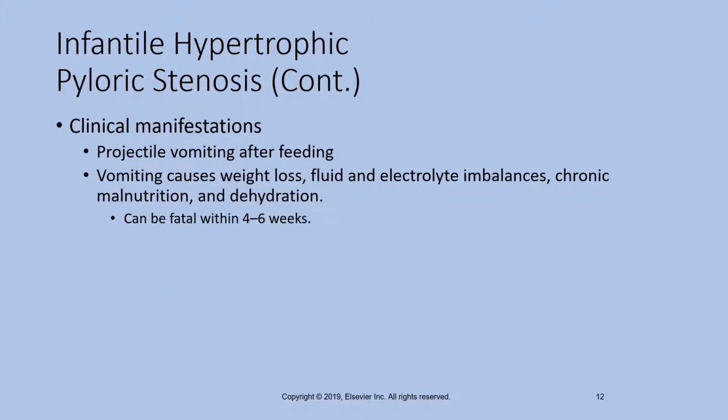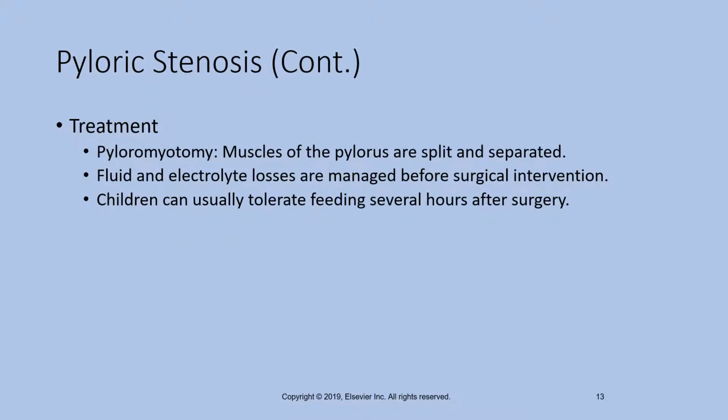So clinical manifestations: projectile vomiting after feeding, vomiting causing weight loss, fluid and electrolyte imbalance, chronic malnutrition, dehydration, which can be fatal in 4 weeks. Treatment: pyloromyotomy, when the muscles of the pylorus are split and separated. Fluid and electrolyte losses are managed before surgical intervention.